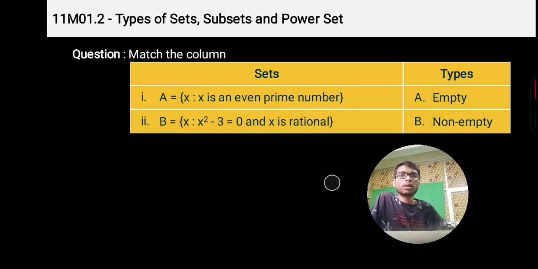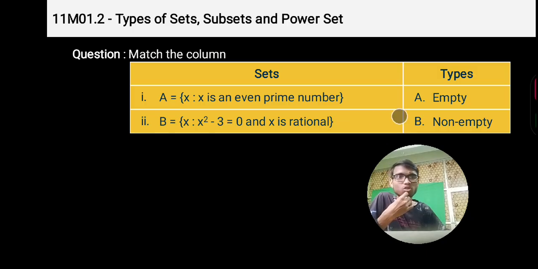Match the column. Here x is such that x is an even prime number. So 2, only 2. So x is a prime number. Next, x such that x square minus 3 is equal to 0 and x is a rational number.